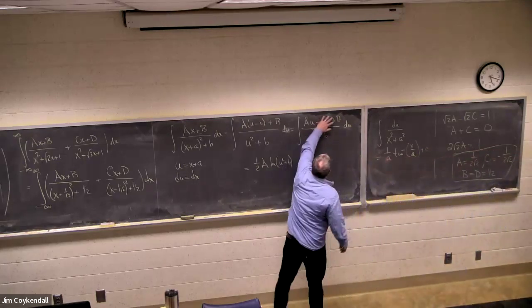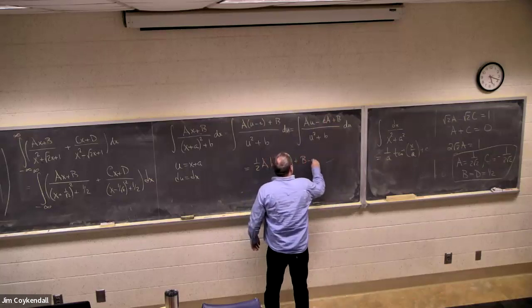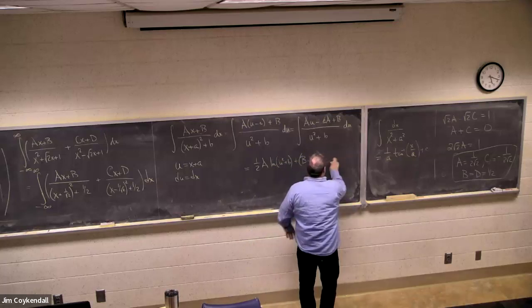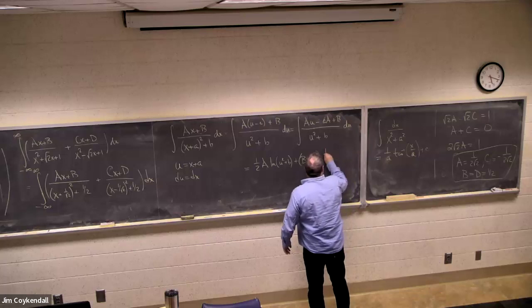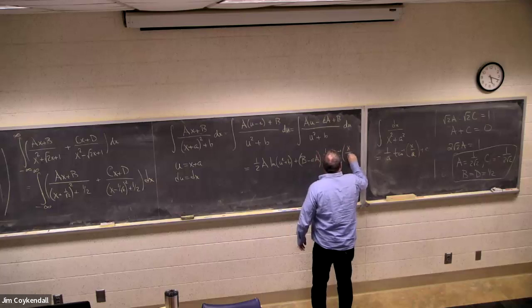So this should be B minus A times 1 over radical b tangent inverse x over radical b.